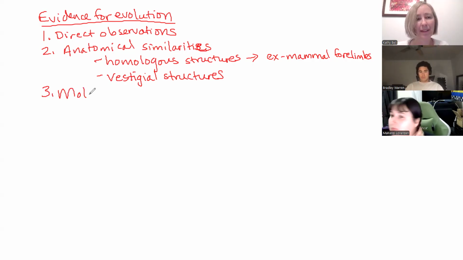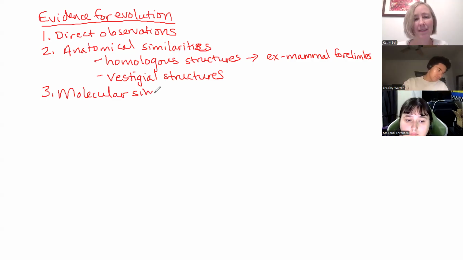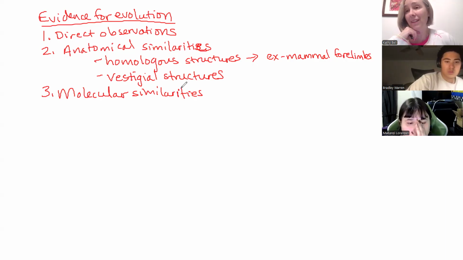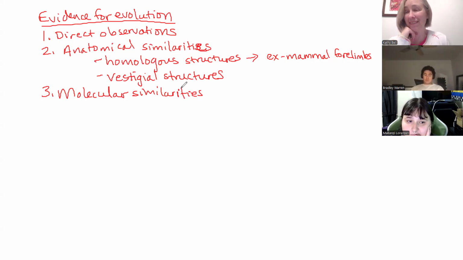And then we do have molecular similarities. If we compare the DNA of different species, we can figure out who's more closely related, which is pretty cool. And we can actually make our phylogenetic trees from that by looking at similarities in DNA.